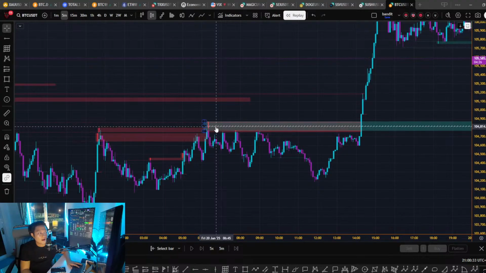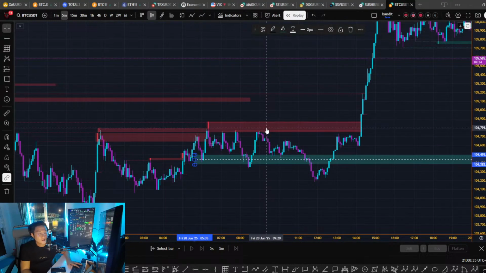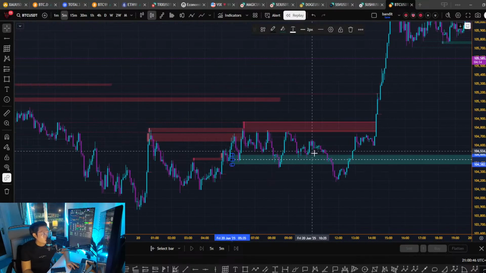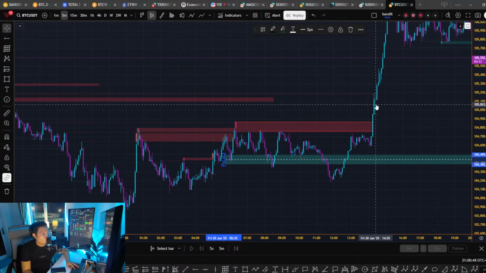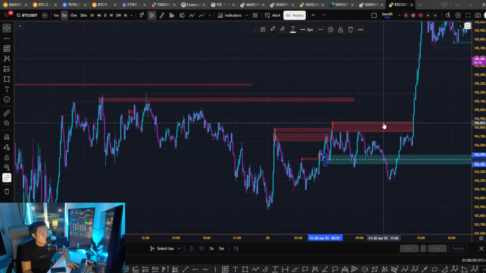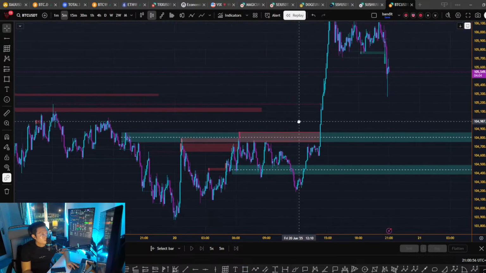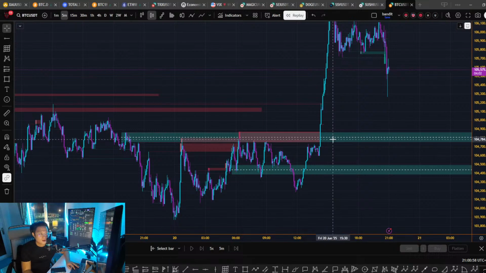This is the liquidity, right? See, liquidity. So not always when liquidity is taken, it's a reversal. Not always. That's why this is the confirmation. One, two, and this is also a previous resistance right here. It did not test.